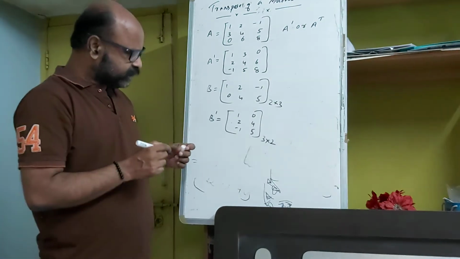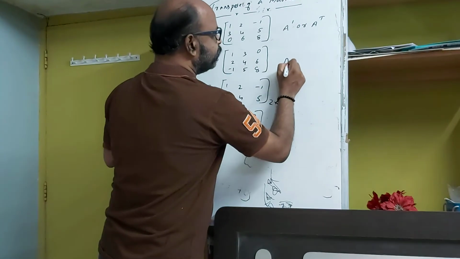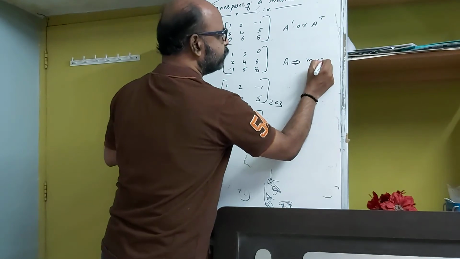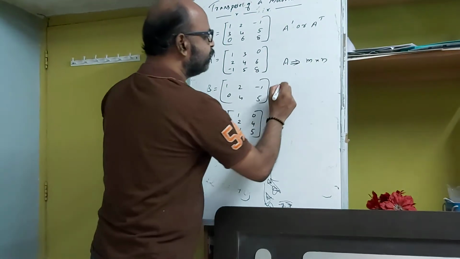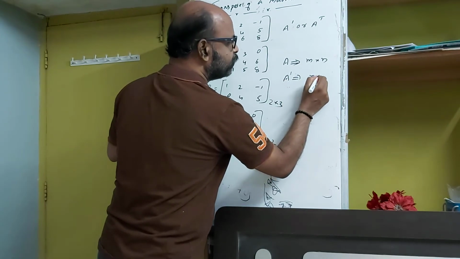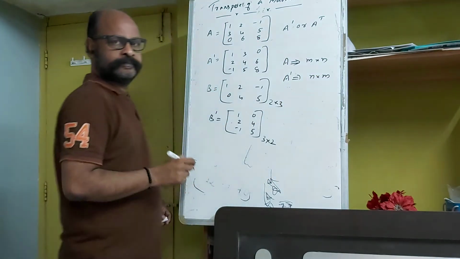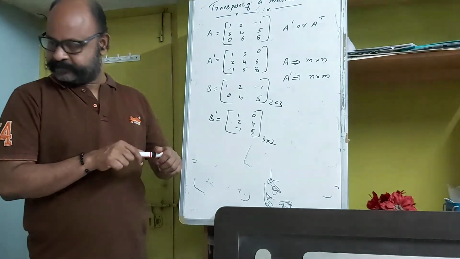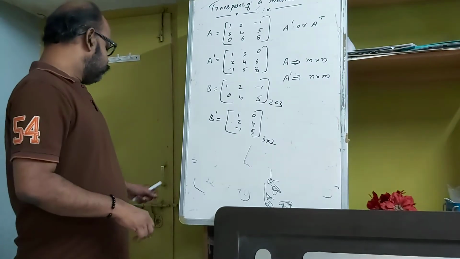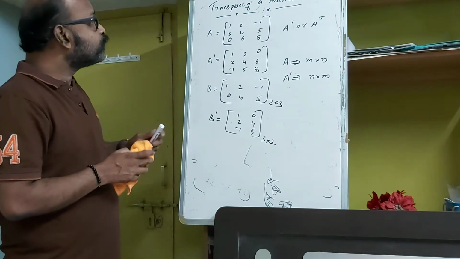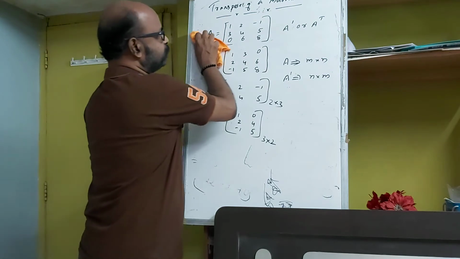So it is very clear, if A is a matrix of order m by n, then A transpose is a matrix of order n by m. The order gets reversed. So that way we come to the transpose of a matrix.